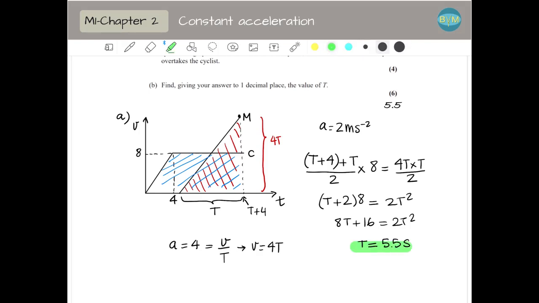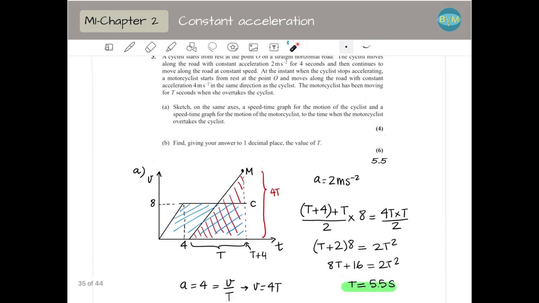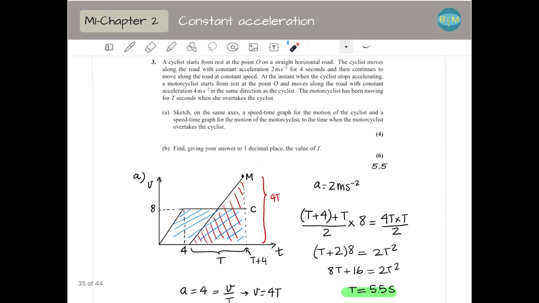And as the time cannot be negative, we just choose the positive one, right? To one decimal place, please remember to check if they are asking you something like that. So that's how we do this exam question. We just consider the areas under the graph the same, and that's quite common.